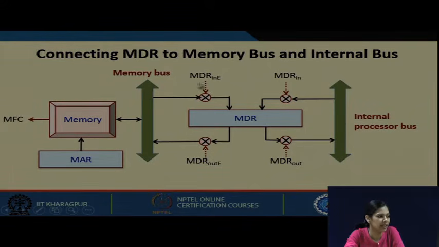So, MDR in E means data available in the memory bus will be made available to MDR, and the data available in MDR can be transferred to the memory bus using MDR out E. So, whenever we are doing MDR out E, then the data from MDR will be available in the memory bus. So, these are the control signals that are required.